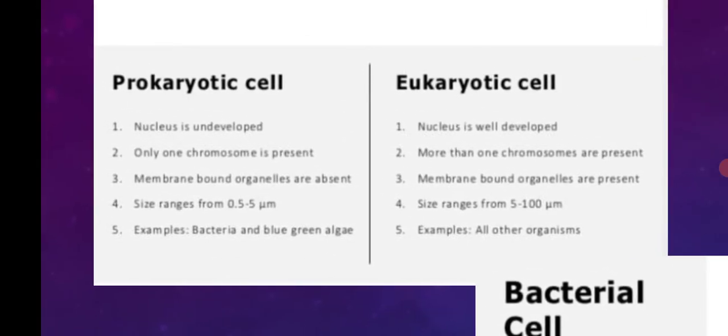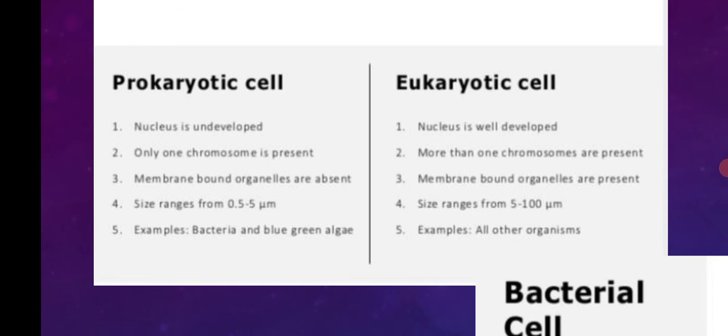Prokaryotic cells are found in bacteria and cyanobacteria, which are also known as blue-green algae. They range in size from 1 to 10 μ. They have no nucleus. The nuclear material, that is DNA, lies naked in the center of the cell and remains in direct contact with the cytoplasm. Prokaryotic chromosomes are in the form of single circular DNA molecules.